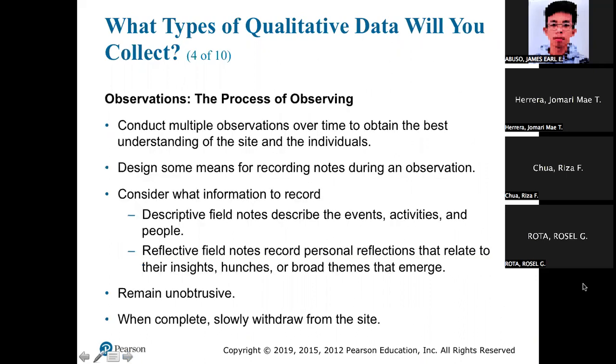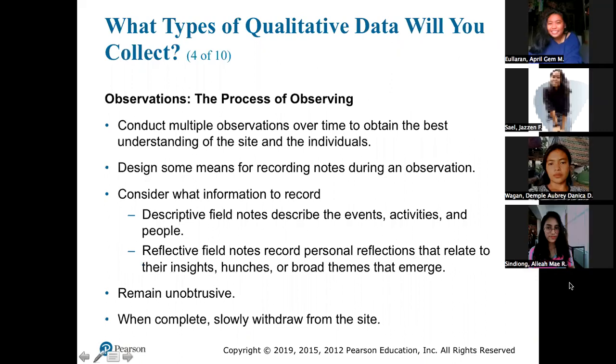Next, Dempol Wagan. So, observations, the process of observing. First, conduct multiple observations over time to obtain the best understanding of the site and the individuals. Second, design some means for recording notes during an observation.